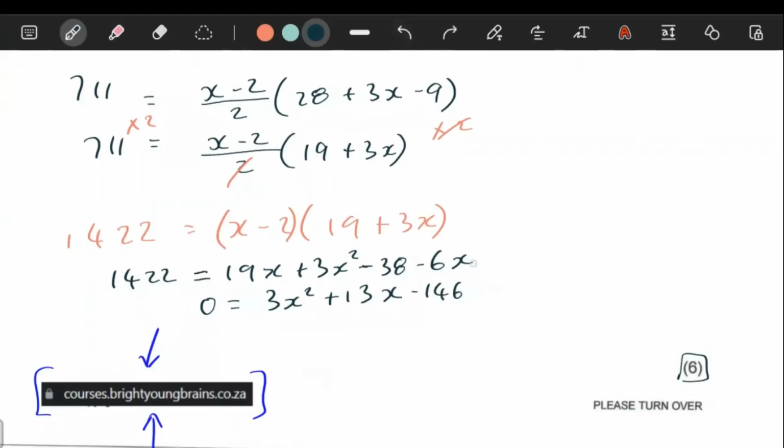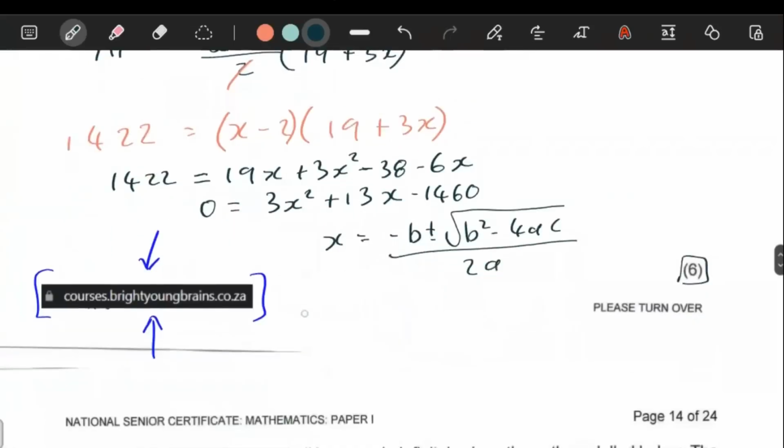Let's now solve for x. We can just use the quadratic formula: negative b plus or minus the square root of b squared minus 4ac, the whole thing over 2a. So the big idea here is your value of x: negative b is negative 13 here, plus or minus the square root of b squared minus 4a, and so on.